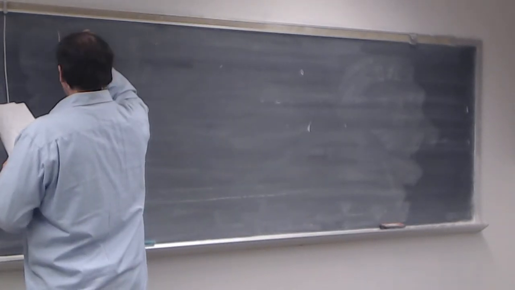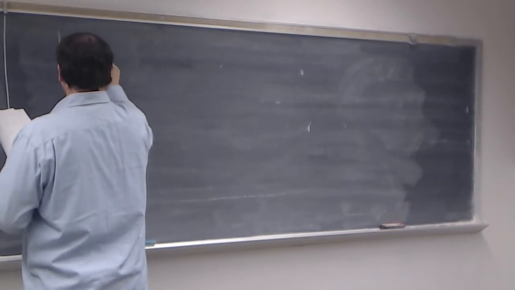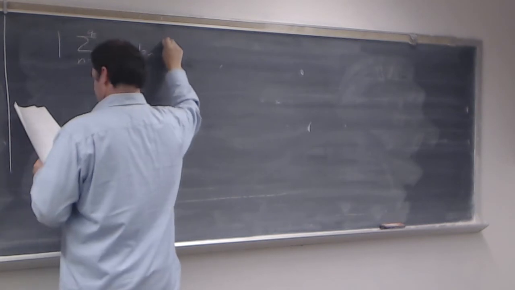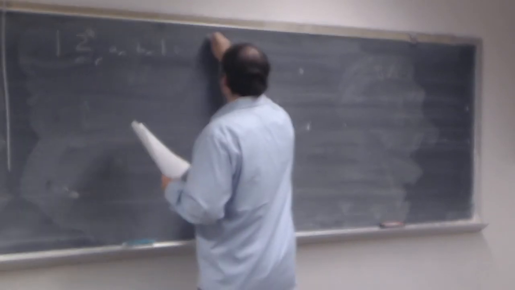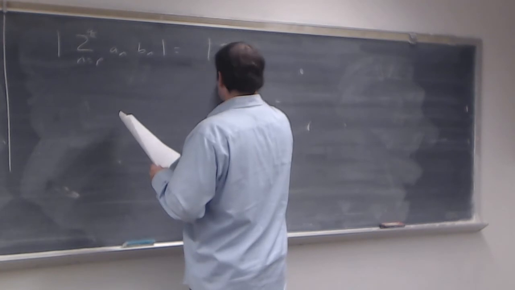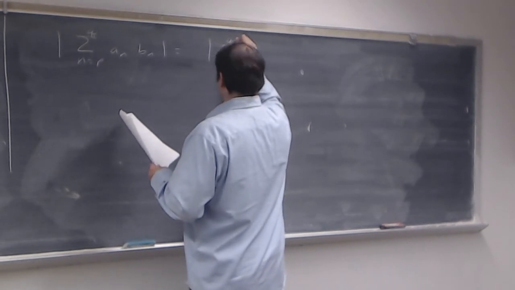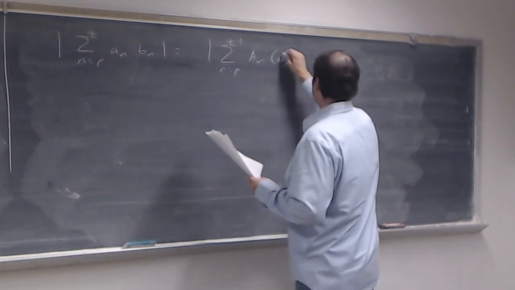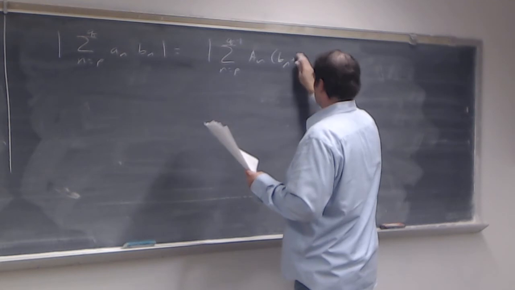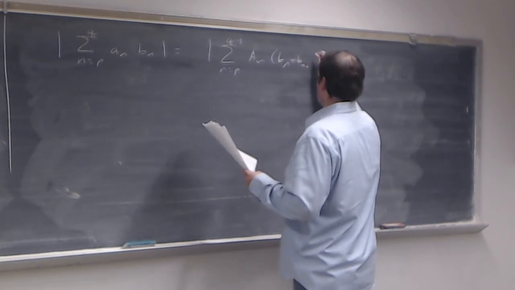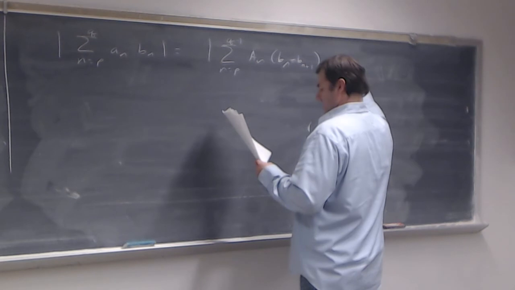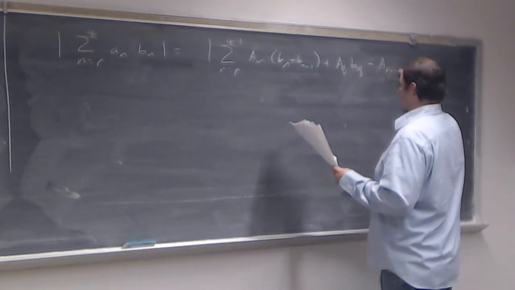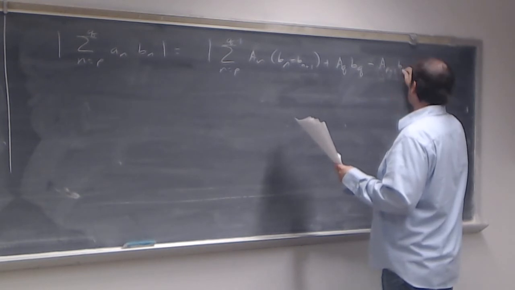The absolute value of the sum as n runs from p to q of a sub n, b sub n will be equal to the absolute value of the sum as n runs from p to q minus 1 of a sub n times b sub n minus b sub n plus 1, and then plus a sub q, b sub q, minus a sub p minus 1, b sub p.